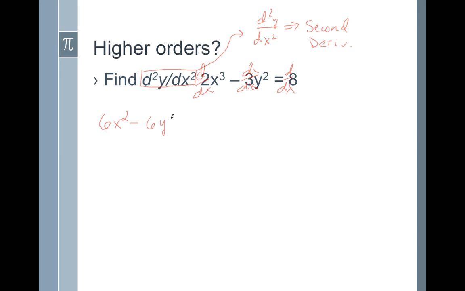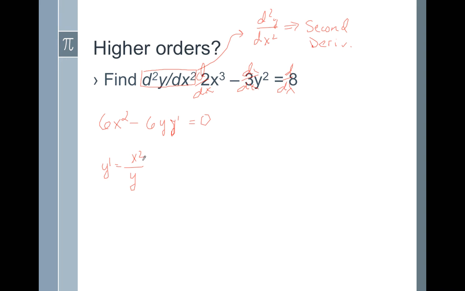So 6y, reduce the exponent by 1, times the derivative of the inside function, which is y, and therefore I need to write it as a y prime. Equals 0. Pretty straightforward. Get y prime by itself. So y prime is equal to, okay, subtract 6x squared, divide by negative 6y. I get x squared over y.